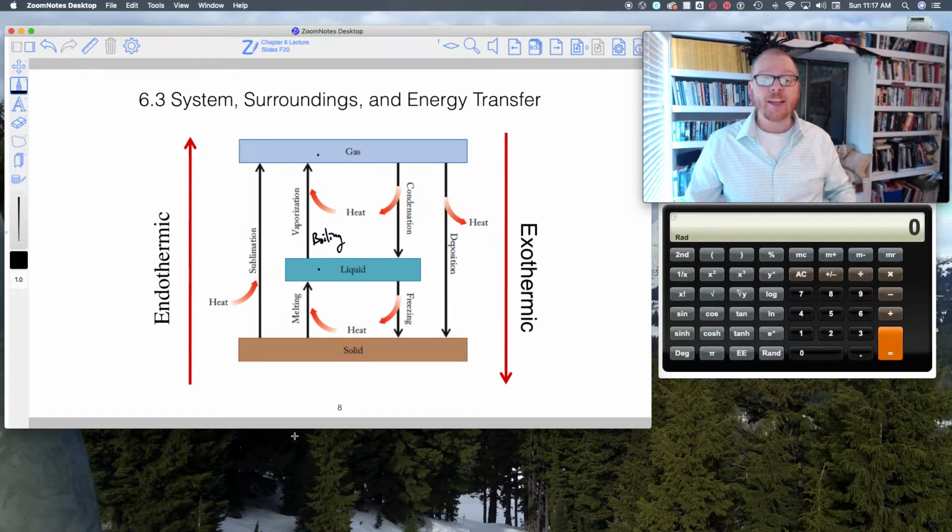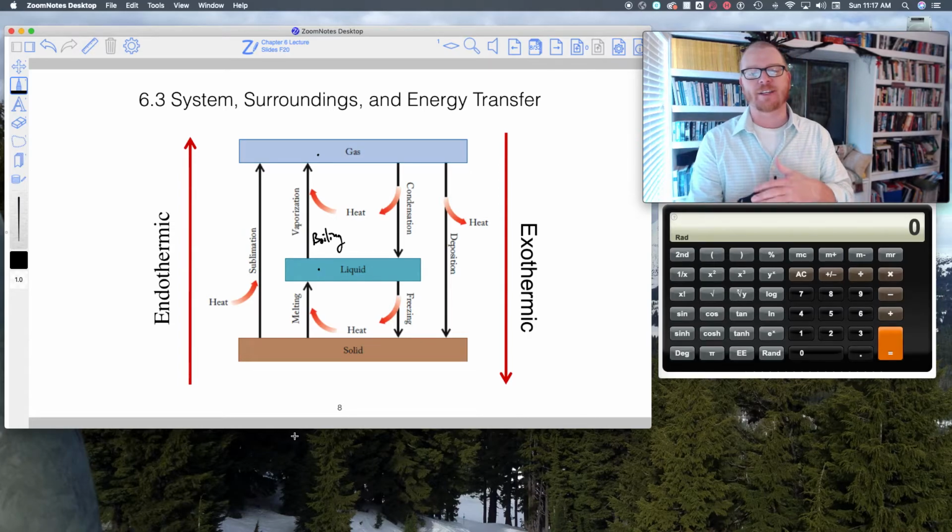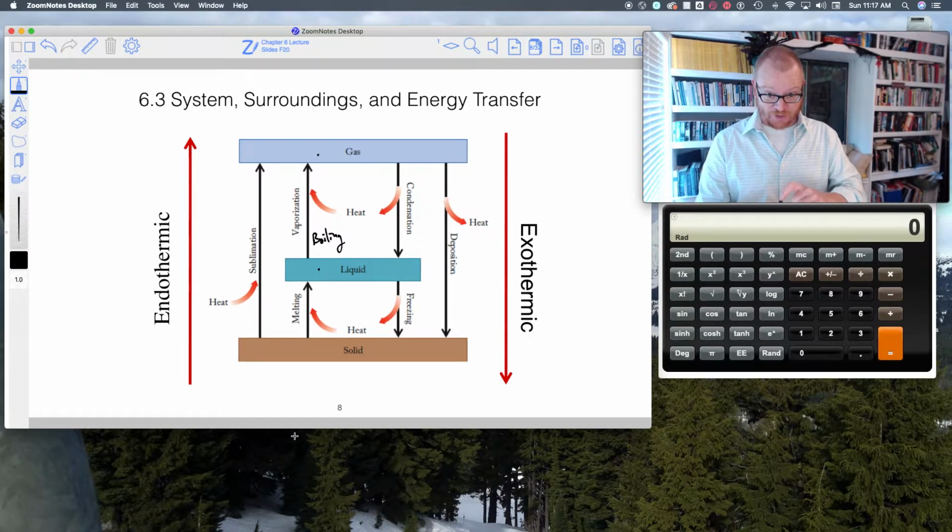That ice cube, because it is colder than the countertop, back to that very first slide I showed you, if the countertop is 25 degrees Celsius and the ice cube is 0 degrees Celsius, heat will flow from the hot object to the cold object, so it will melt the ice cube. Heat will go in to melt the ice cube.